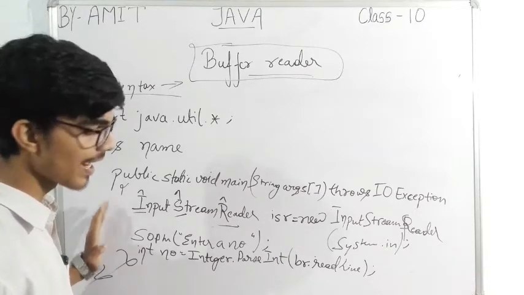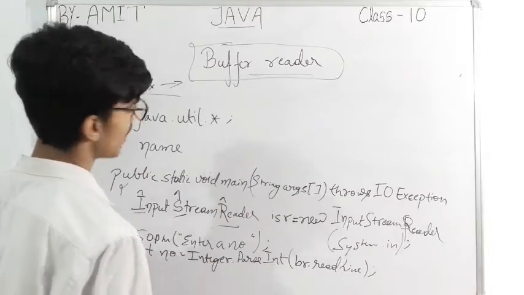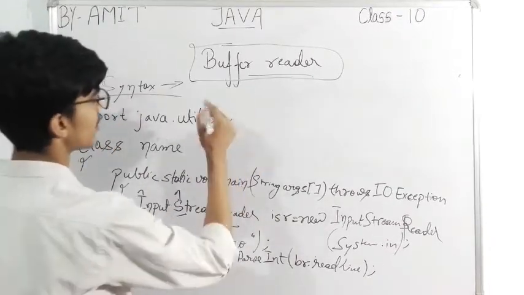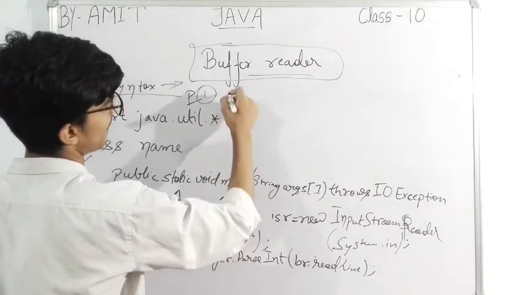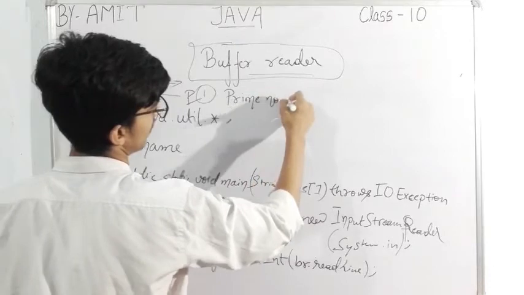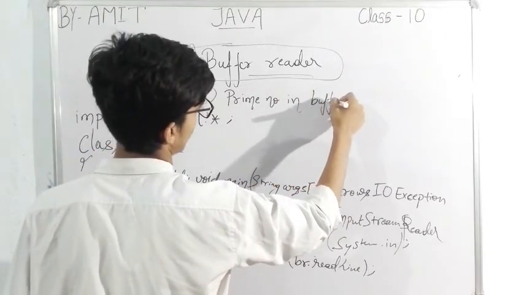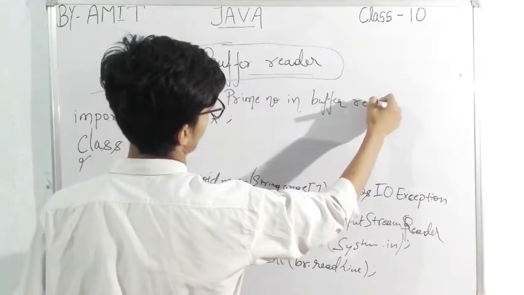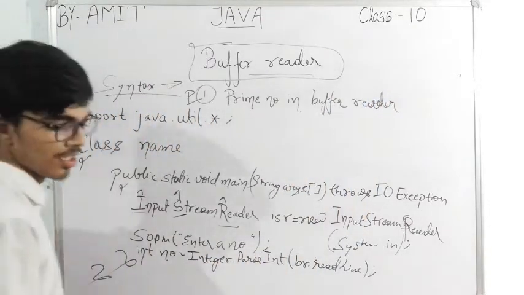So this is all about buffer reader. Now we'll write one program using buffer reader. Program 1: prime number in buffer reader.